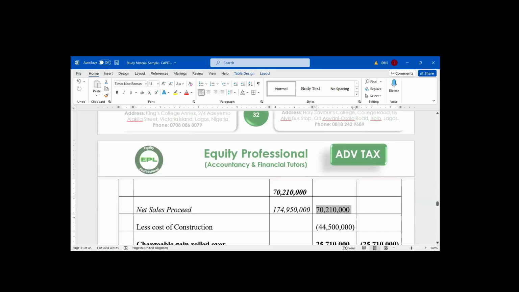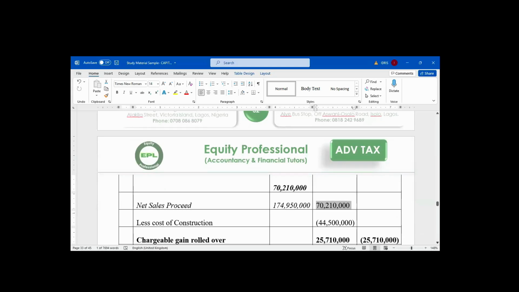From this 70,210,000, you now less the cost of acquisition of the old asset from it. That means the rollover amount is going to be 25,710,000.